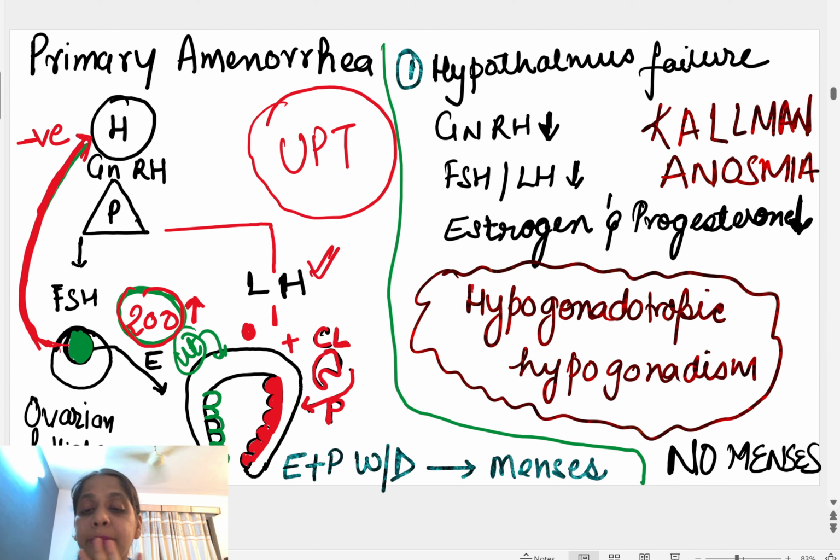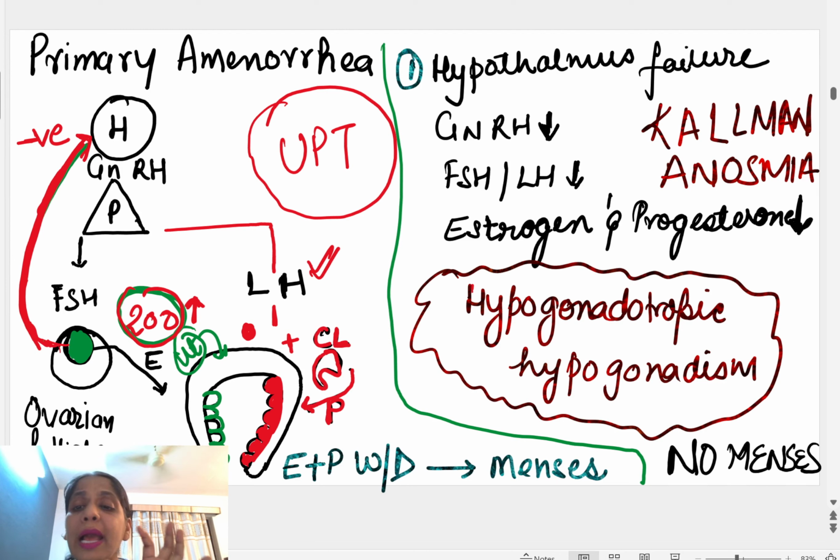So this Kallmann syndrome female will present in the OPD with absence of secondary sexual characteristics and absence of menses. And one typical complaint this female will give is anosmia.